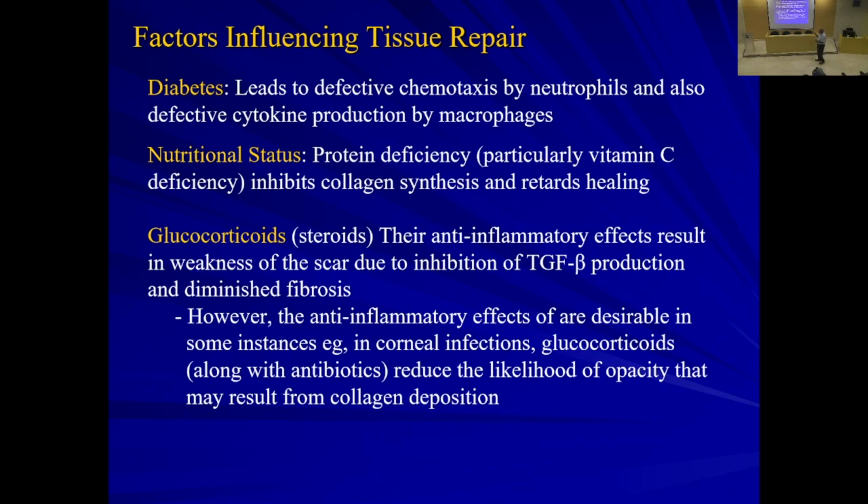Glucocorticoids are anti-inflammatory, so we tend not to give them in healing, because they interfere with the production of collagen. But we give them in corneal infection. Why?